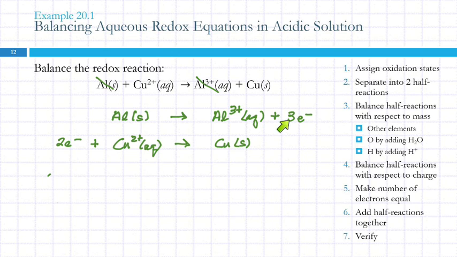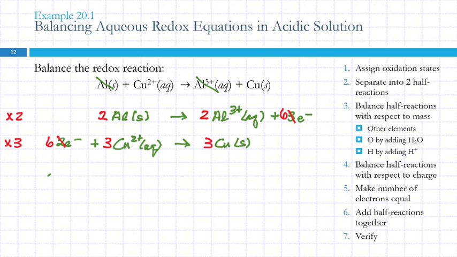So I'm going to make this 6 electrons, and I'll do that by multiplying everything in here by 2. So 2 of that, 2 of this, multiply this, and I get 6. To make this 6, I need to multiply by 3. So multiply by 3, I get 6, and this is 3, and that's 3. So the top one I did times 2, and the bottom one I did times 3.